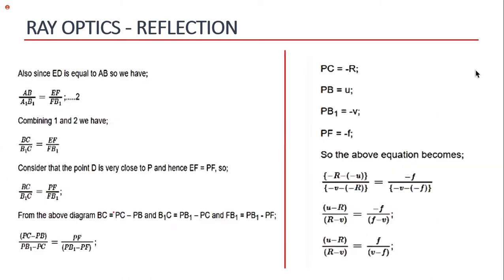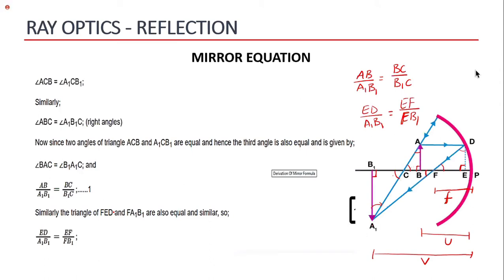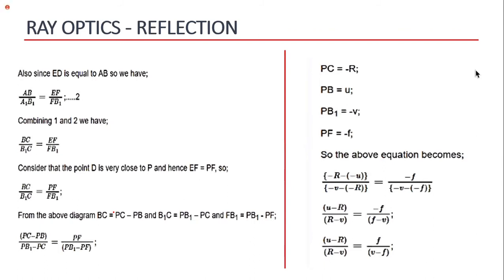Now see, your ED is equal to AB. So I'm going to take that relation and write it as AB by A1B1 is equal to EF by FB1.